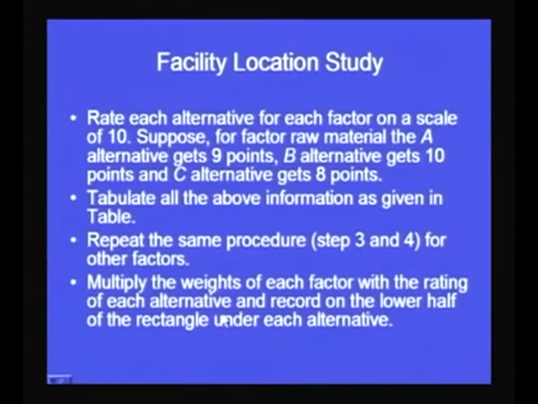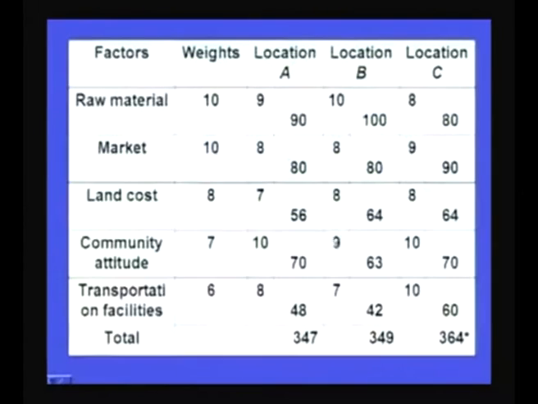Now we have given the rating to each alternative for each and every factor, and record on the lower half of the triangle under each alternative. Now you can see raw material has been given the weightage 10, community attitude 7, land cost 8, transportation facilities 6. So relative weights are given, and marks are given out of 10 for each location.